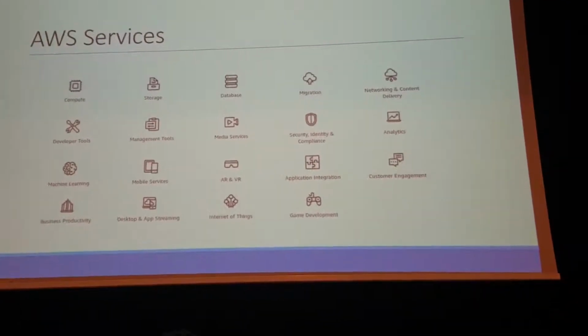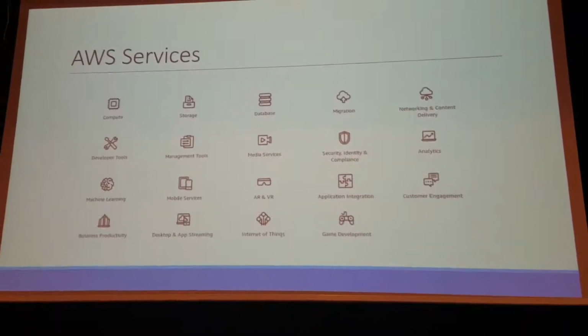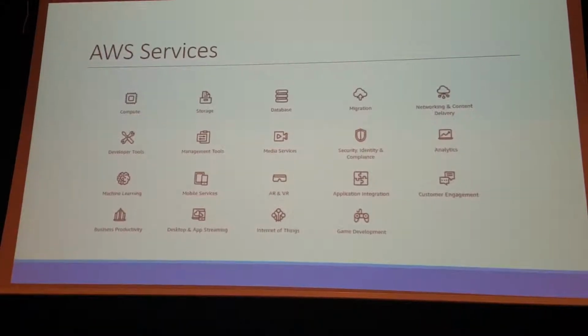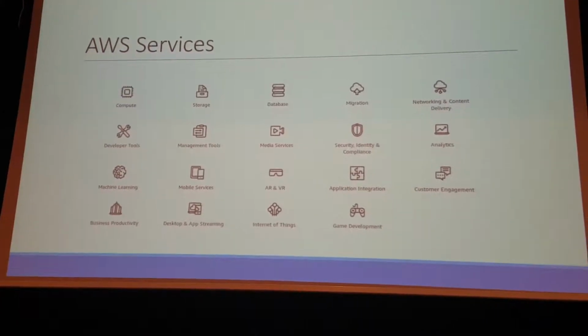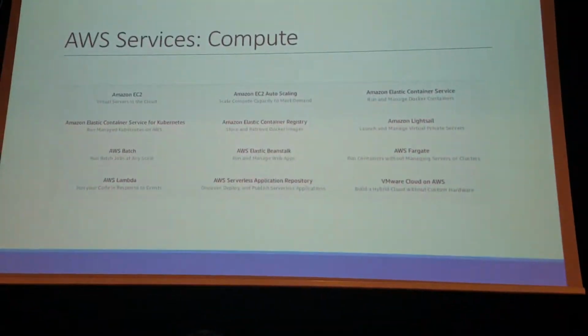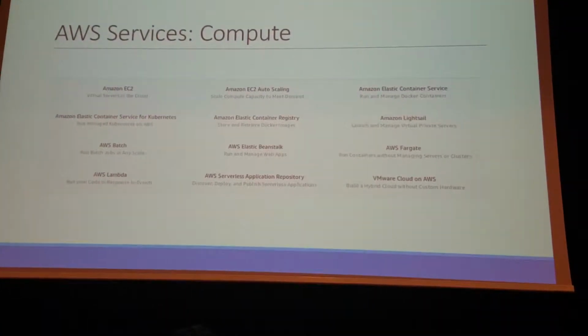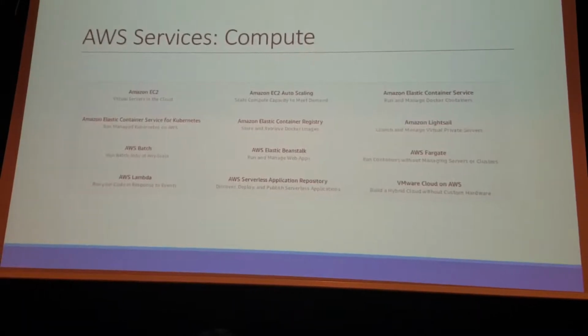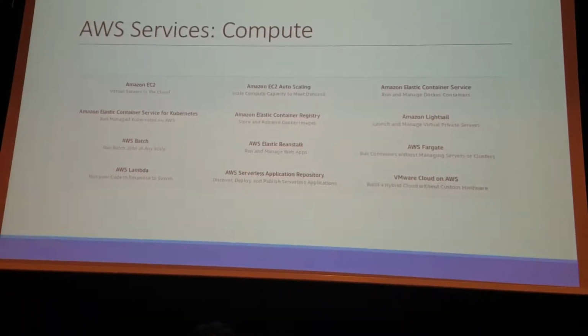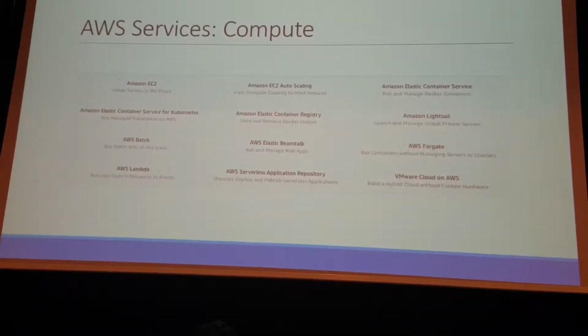So here's a list of everything on AWS. If you go to their website, I won't go too much into detail since I think the documentation on Amazon's website is better. For each category, AWS offers different options. For example, for compute, we have EC2, Elastic Beanstalk, container services, and more.